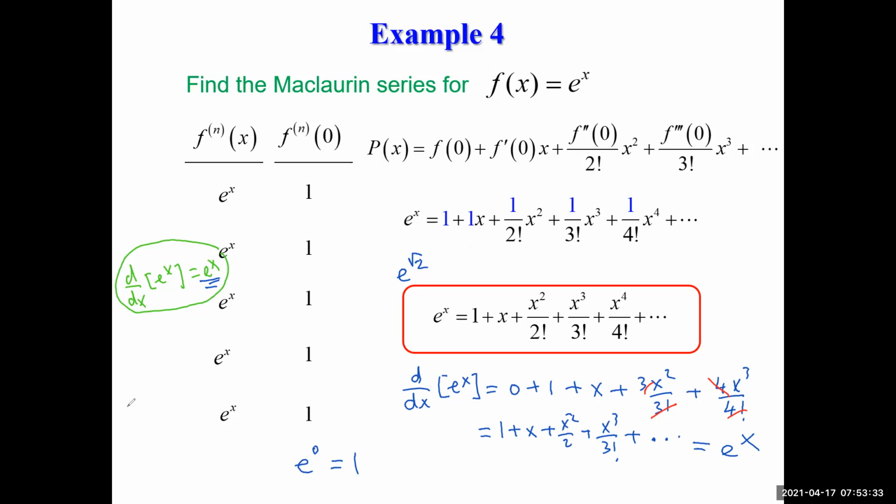If you have e to the third power, I can say, oh, that's easy. That's just saying, okay, let's take e times itself 3 times. But then e raised to root 2, what is this?